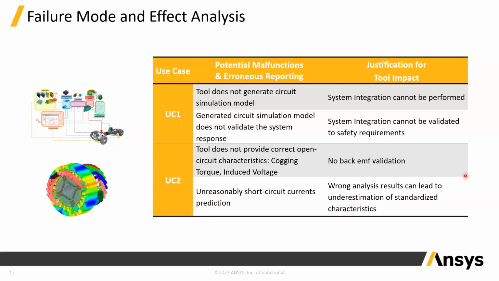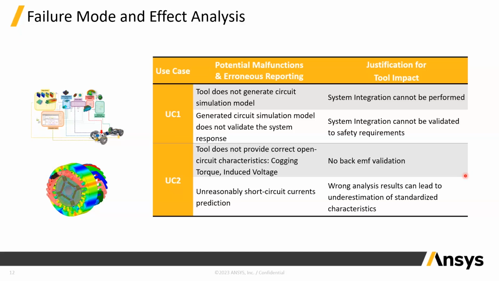And the certification process puts together all the best practices, what the user needs to do to be able to fulfill those requirements. The user needs to obtain and accurately predict the open circuit characteristic.